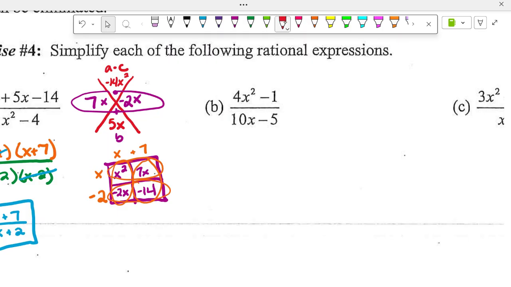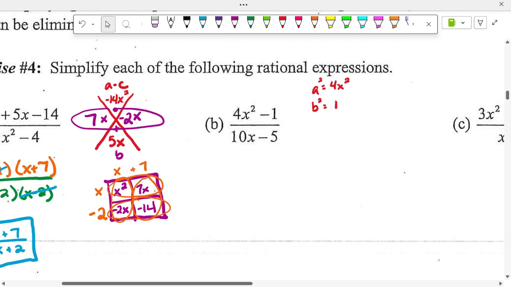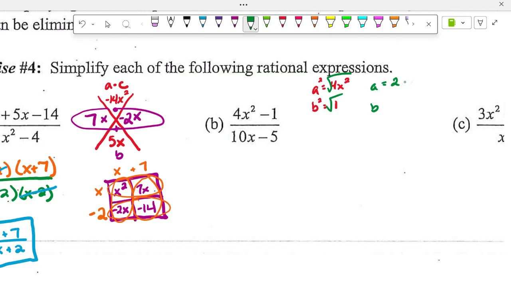So remember, we first identify A and B, or A squared and B squared. So my A squared is 4x squared. My B squared is 1. You then take the square roots of them to get A and B. What's the square root of 4? 2. Square root of x squared?